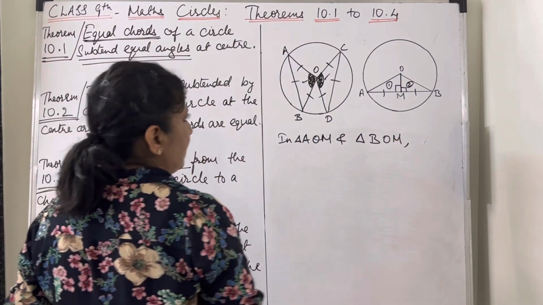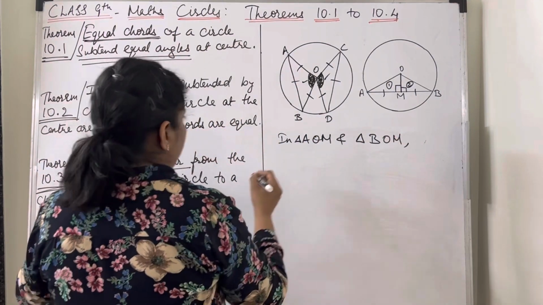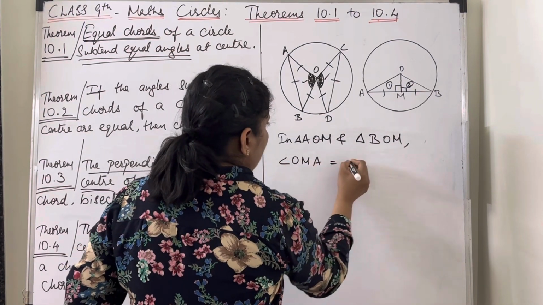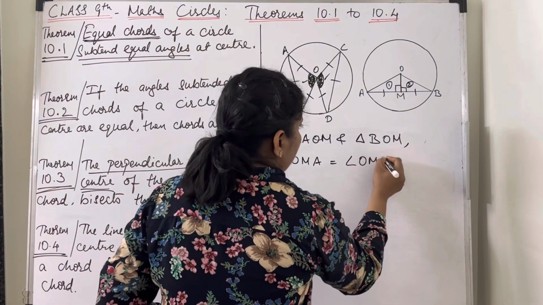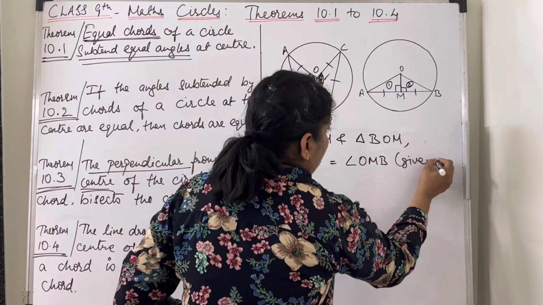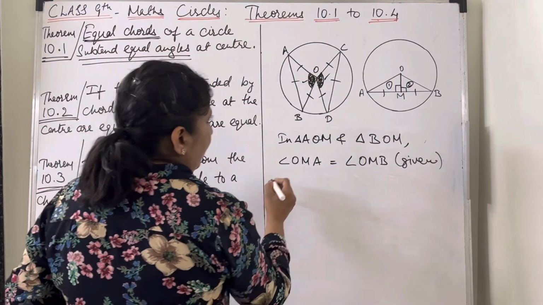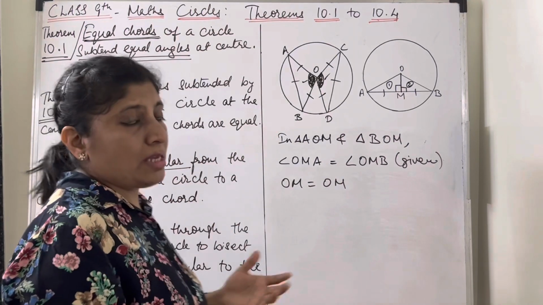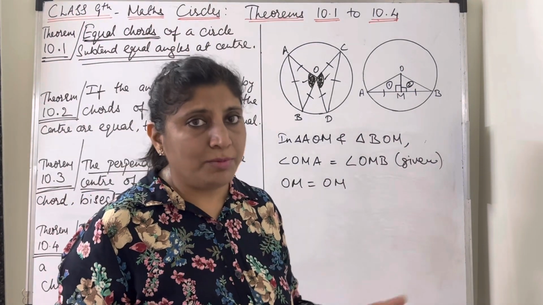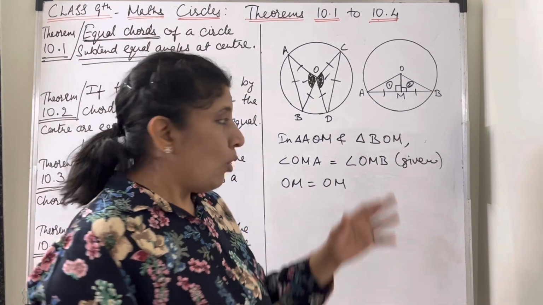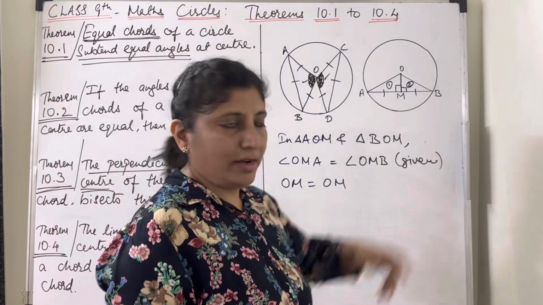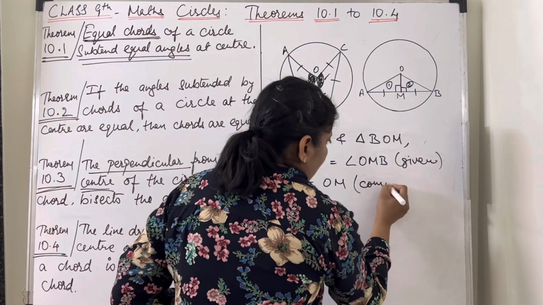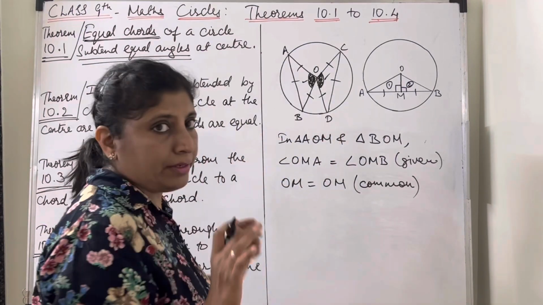What is given is that it is perpendicular, so I can write angle OMA is equal to angle OMB, given. Then we have OM is equal to OM, because that is a common side between both the triangles. OM lies in this triangle also and that triangle also, so it is bound to be equal. So the reason is common. Please remember, reasons are mandatory.